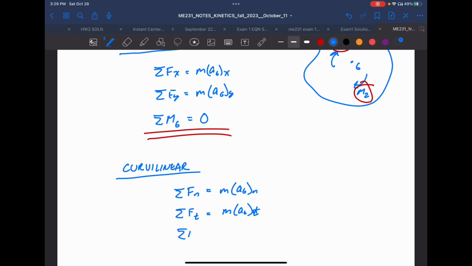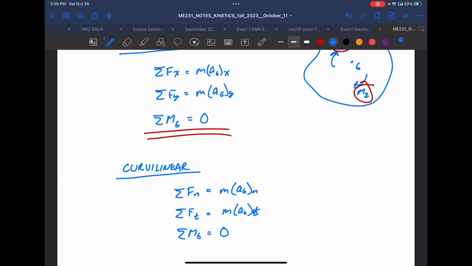And still the summation of moments is of course going to be equal to 0. So you're just following a path, and same as before, normal acceleration tracks a change in direction, and tangential acceleration tracks a change in velocity. Those are very similar definitions to what we've used already.